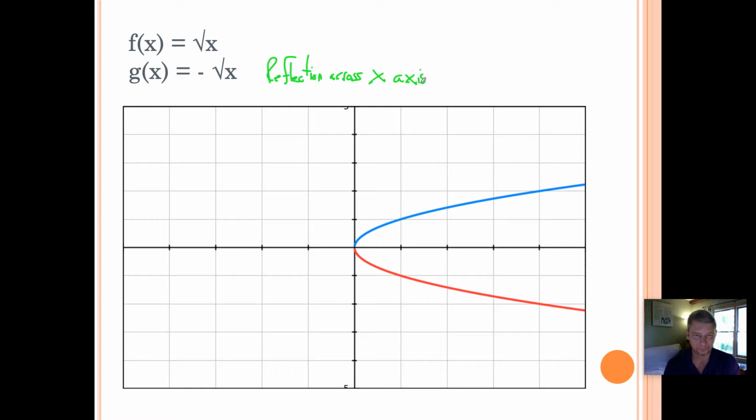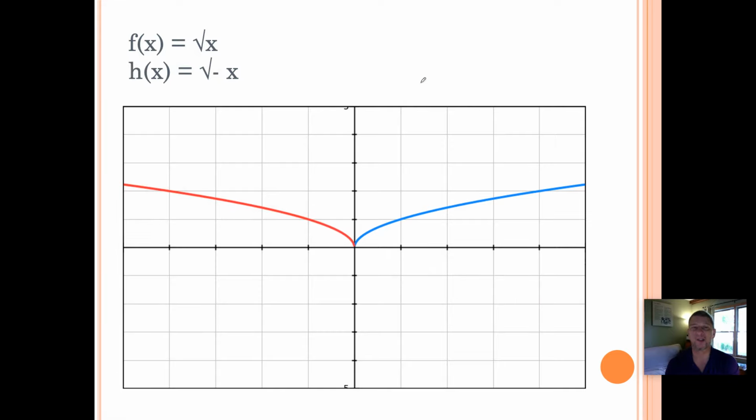Now, for the next one, h of x was equal to the square root of negative x. So now I'm not really manipulating the value of y, I'm manipulating the value of x before I do the function. In this case, every x that's positive, I now make negative. And so what would happen here is what you see in this graph. The positive x values become negative, the negative x values become positive, and so this is a reflection across the y-axis.